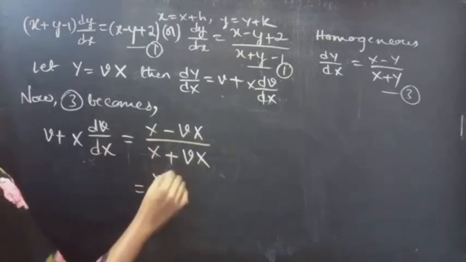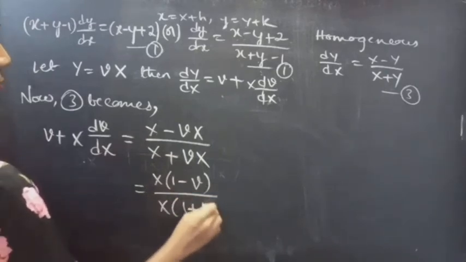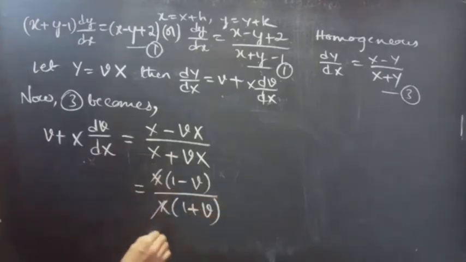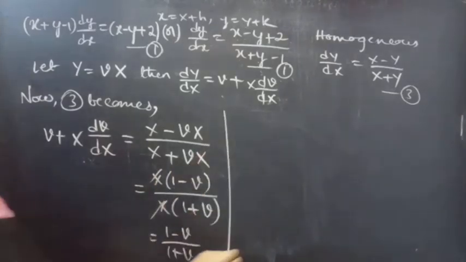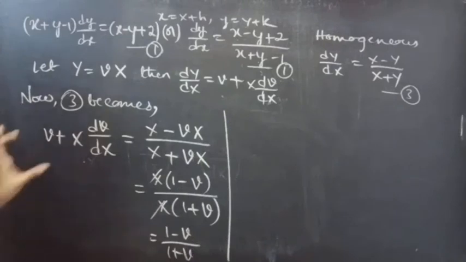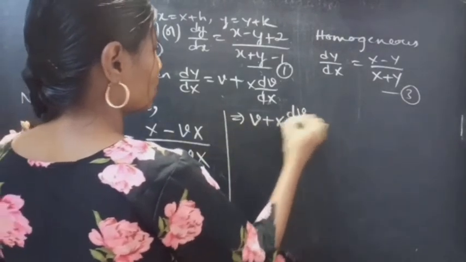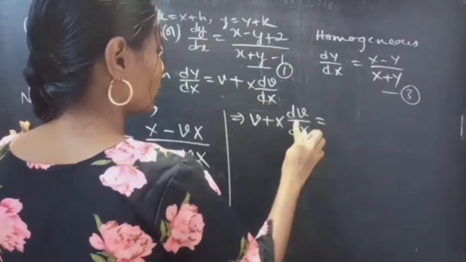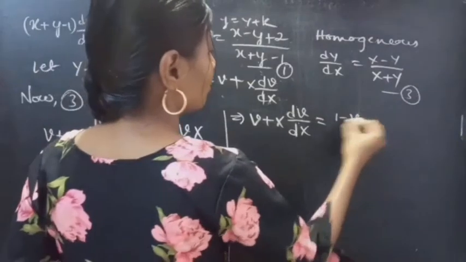You'll get x times 1 minus v by x times 1 plus v. Here x gets cancelled and this equals 1 minus v by 1 plus v, right? Now you're having v plus x into dv by dx equals 1 minus v by 1 plus v.